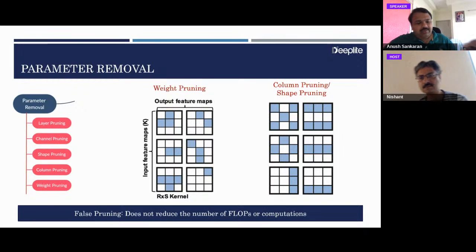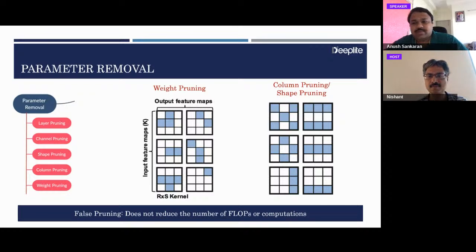While storing on my disk, I have to store all the zeros along with the model, and while performing computation, that is arithmetic operations, I still have to multiply my input with a 0. So though 80% of my weights are removed, the size of my model, my inference time, or my computational flops have not reduced at all. That is why we call it false compression or false pruning.